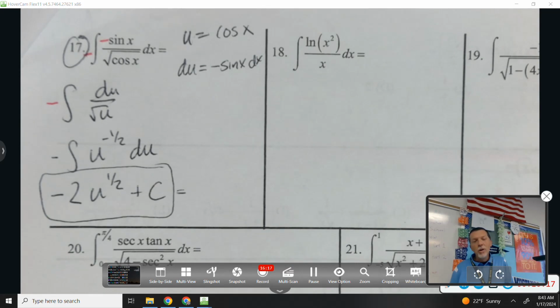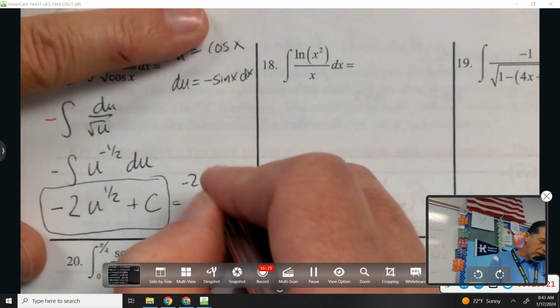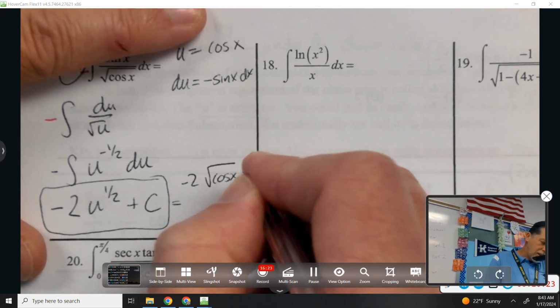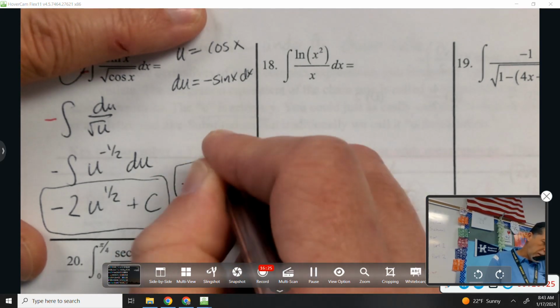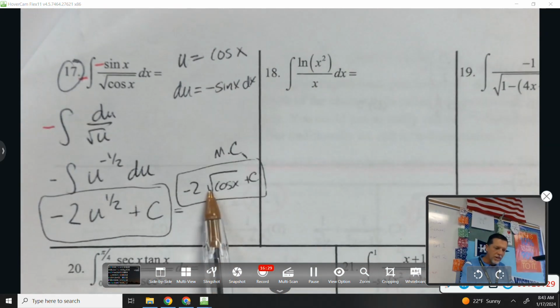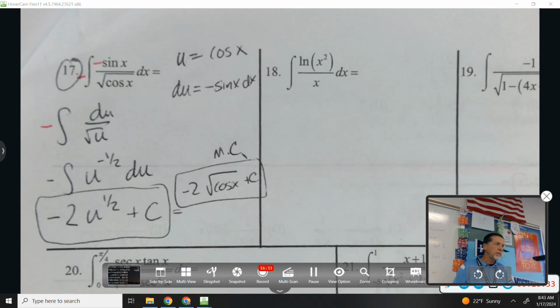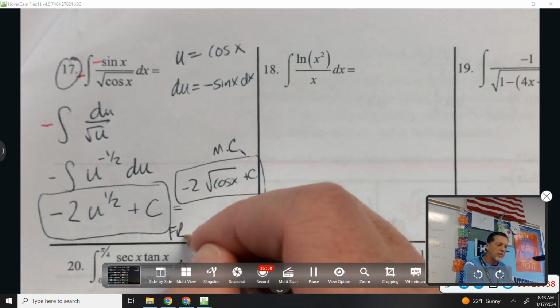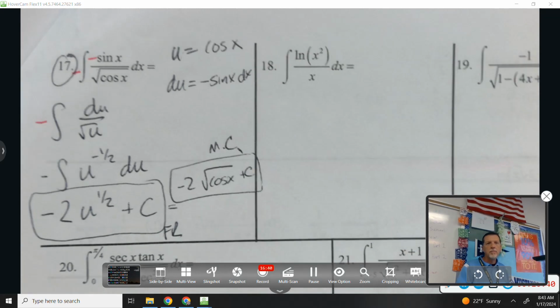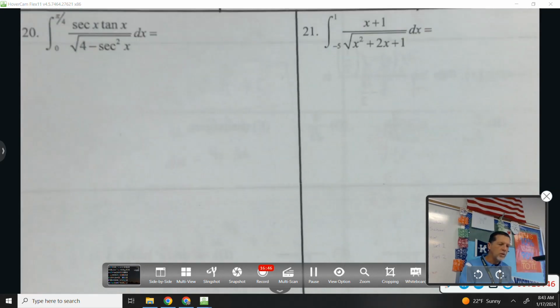Again, most of the test is multiple choice, so that's probably what the multiple choice answer would look like. They'd put it back as a root, and they put cosine back in for you. But on your own, this is a perfectly good free response answer. Lots of u substitution going on.